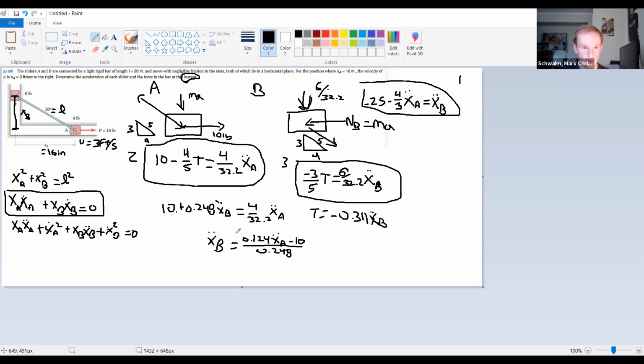So now we have this equation up here. We have x double dot b. So now we have two relationships between x double dot b and x double dot a.